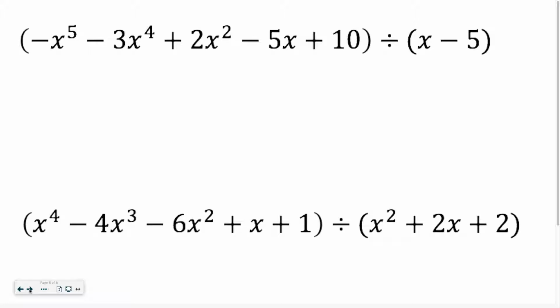Since this x minus 5 is linear, right, it has a degree of 1, I can use synthetic. Now I could use long division if I wanted to, but I'm going to use synthetic. What will my 0 of x minus 5 be? X equals positive 5. So that's the one that goes on the outside, right?